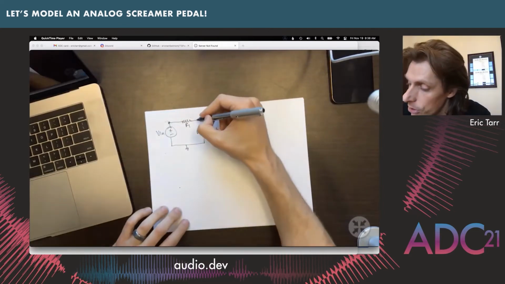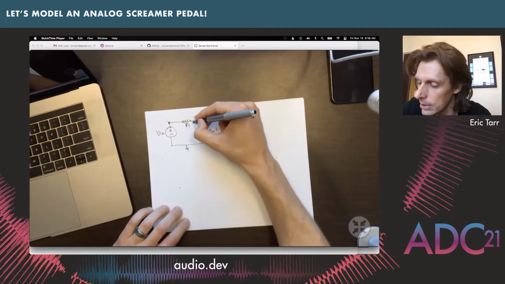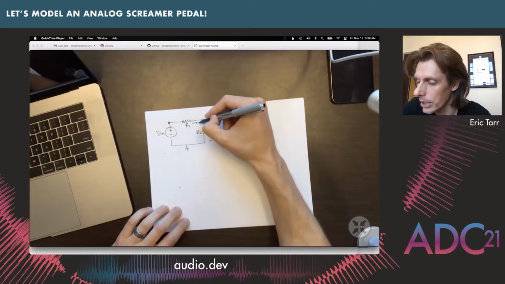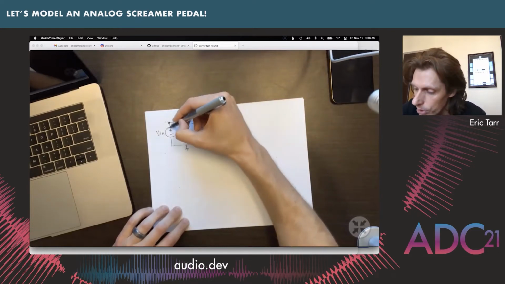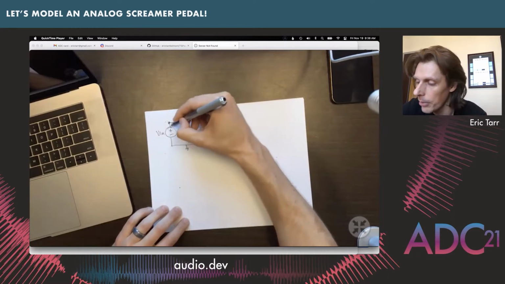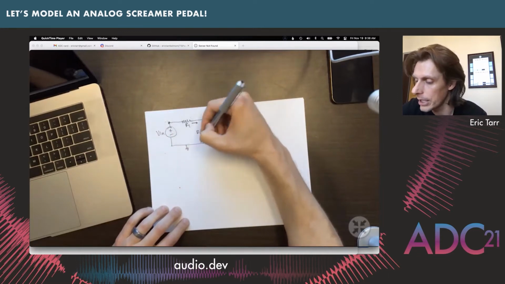Okay, so as part of this nodal analysis, what we're going to say is that the current going this direction has to also be the same as the current going this direction. We're saying that the current is always the same all the way around the circuit here.